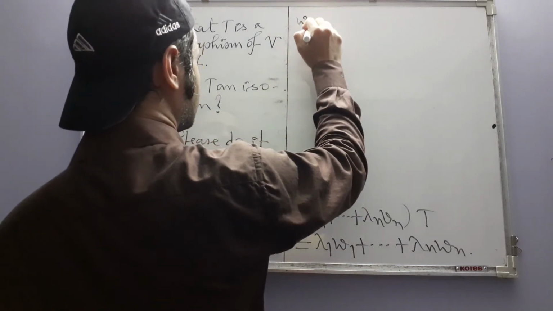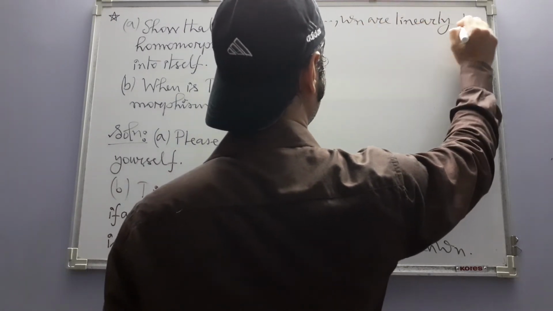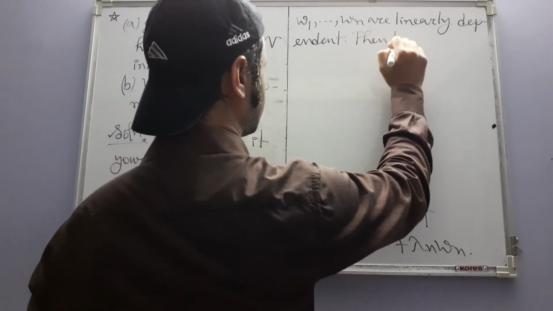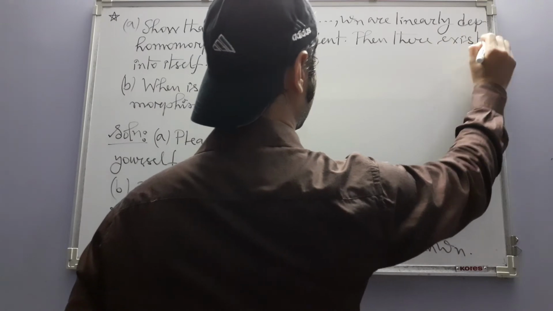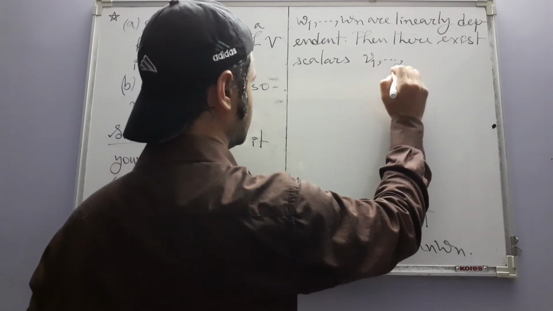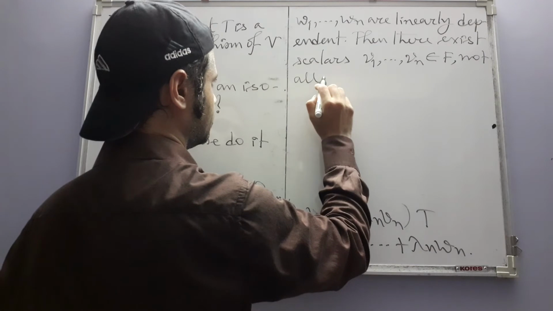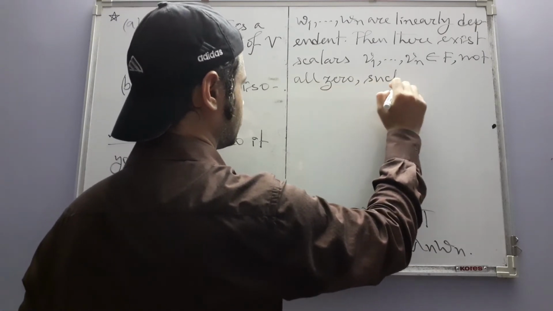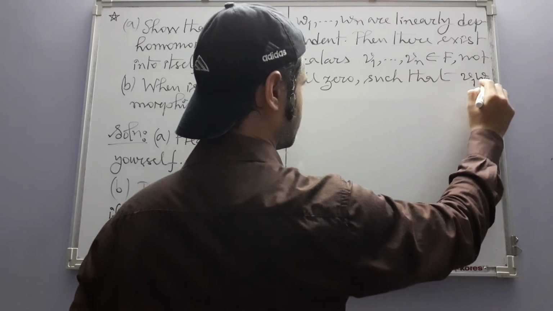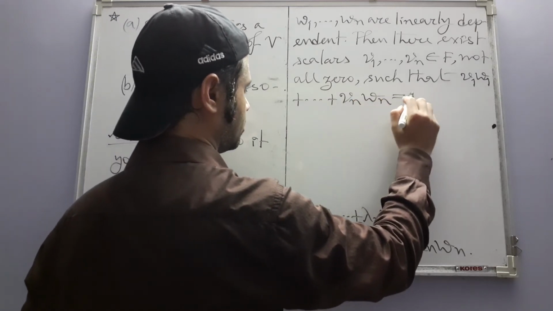Assume that these are linearly dependent, then there exist scalars, say nu1, nu2, up to nu_n belonging to F, not all 0, this is important, such that this linear combination is equal to 0.